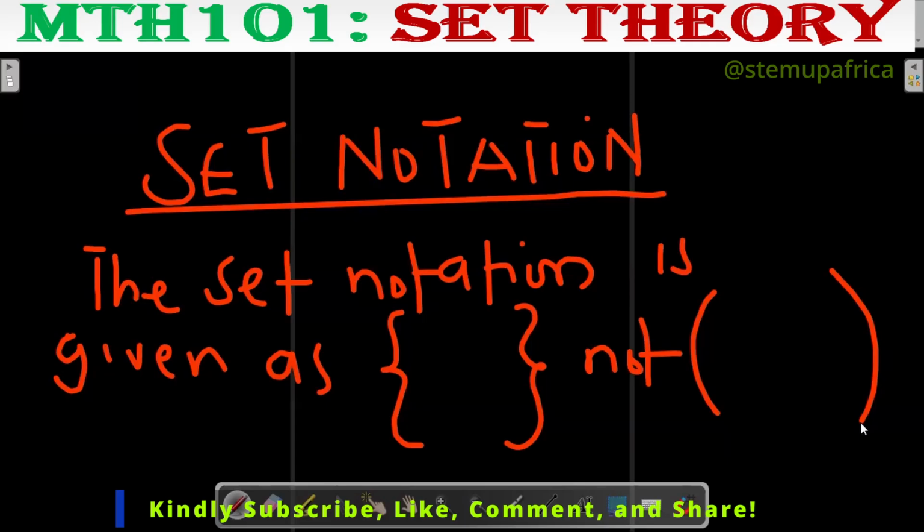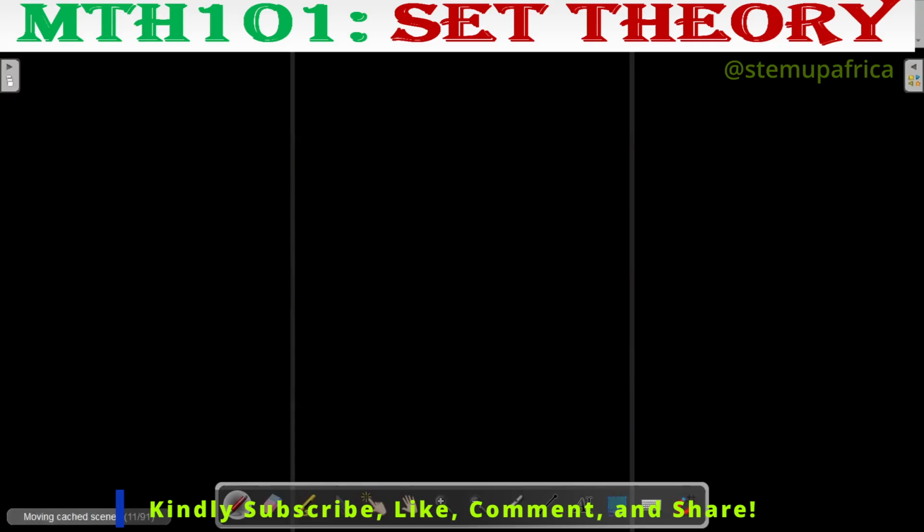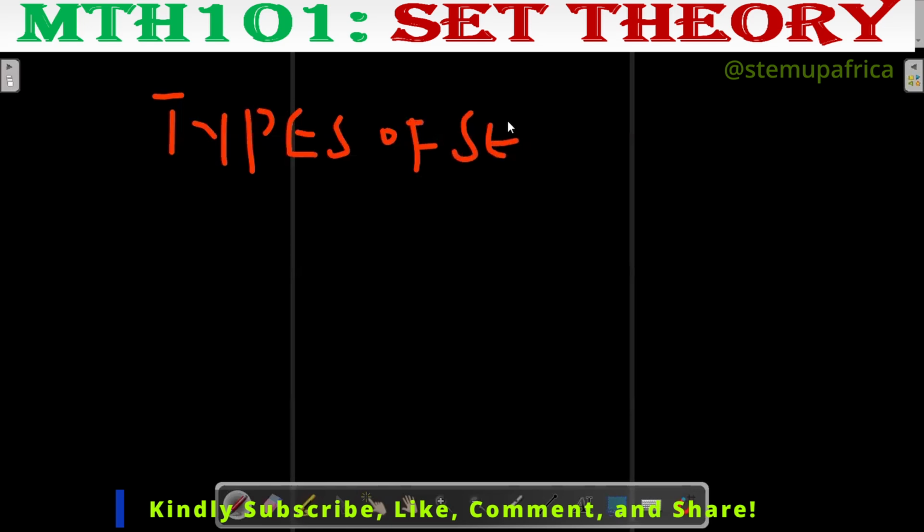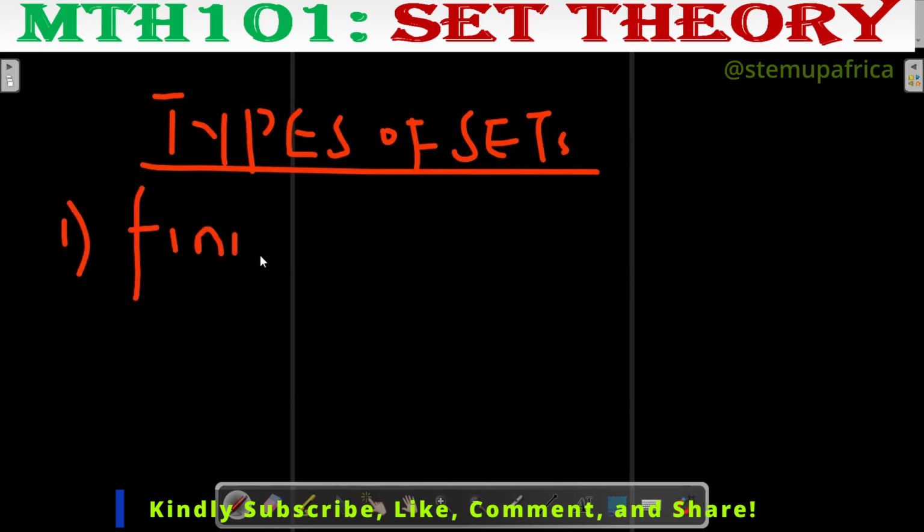So that would take us to types of sets. The first type of set we have is what we call finite sets.